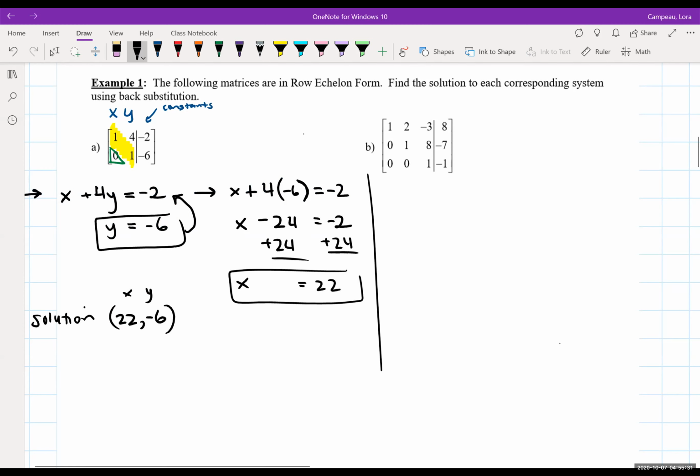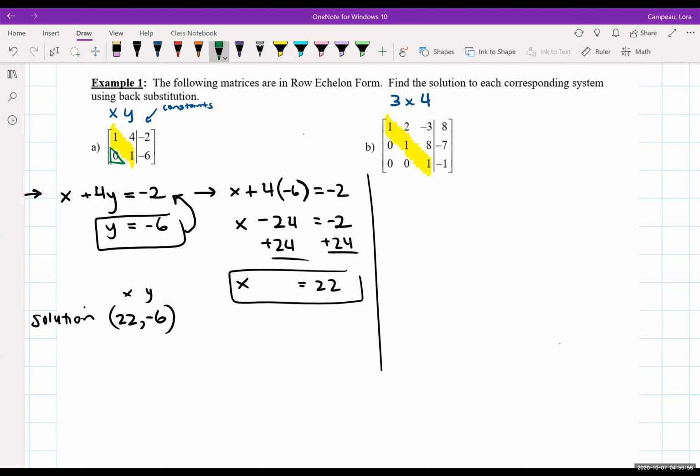What we'll be looking at, just trying to help you remember, is we do have ourselves a three rows by 4 columns augmented matrix. And if you're looking to verify that you're in row echelon form, remember you do see a diagonal of 1s from the upper left corner to the lower right.